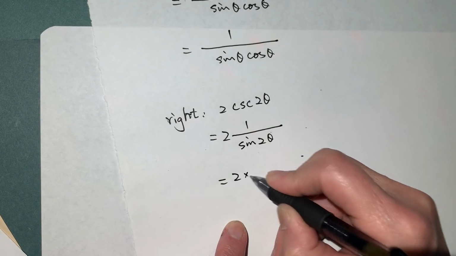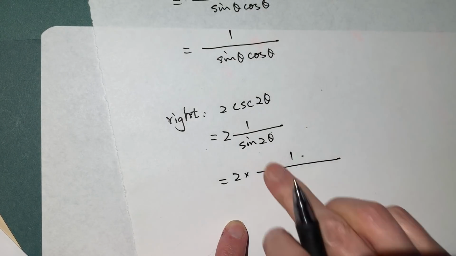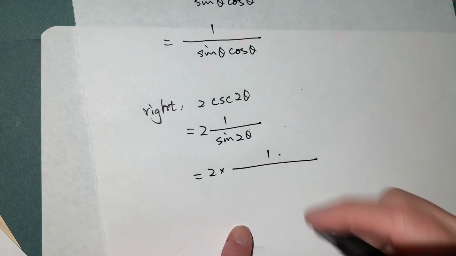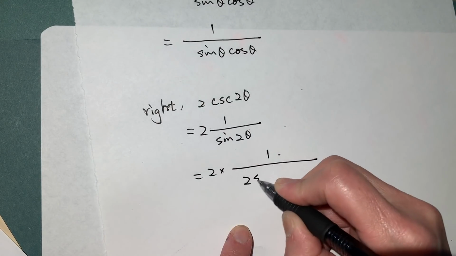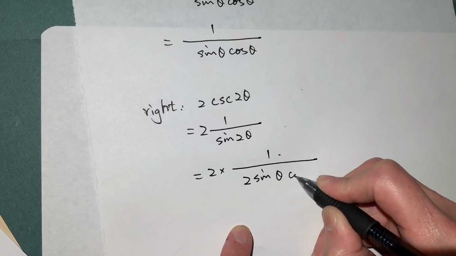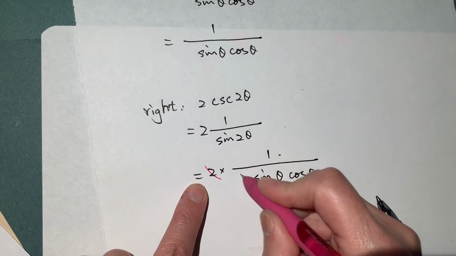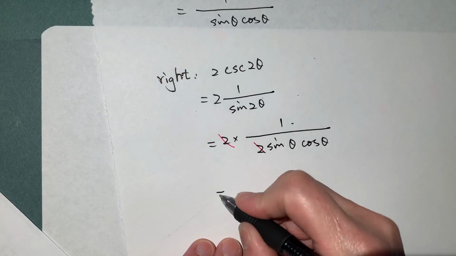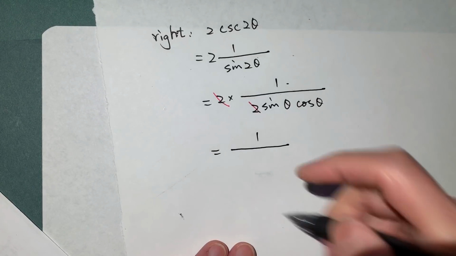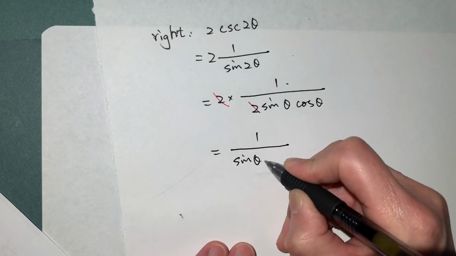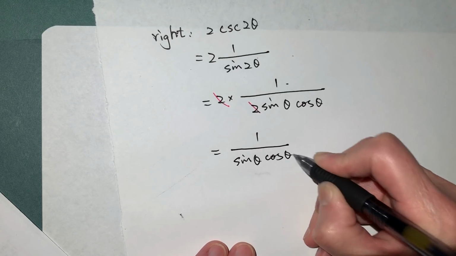So 2 times 1 over sine 2 theta is 2 times 1 over 2 sine theta cosine theta, and 2 and 2 we can cross cancel, so it becomes 1 over sine theta times cosine theta.